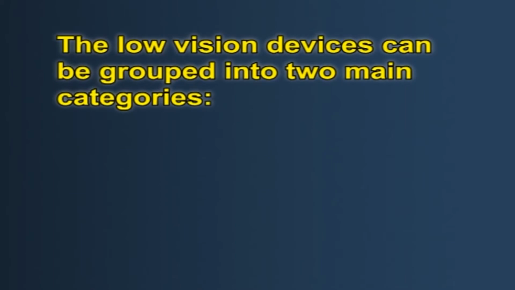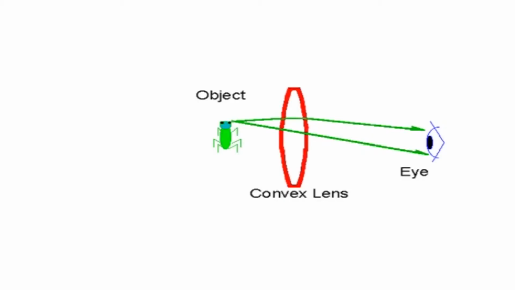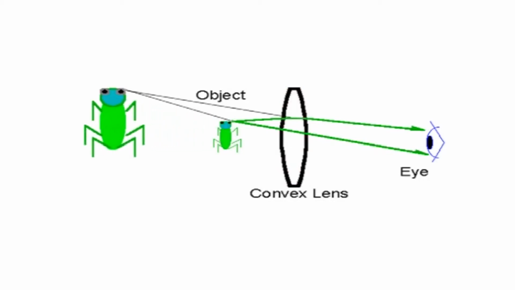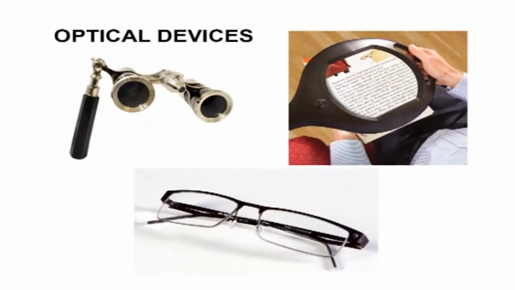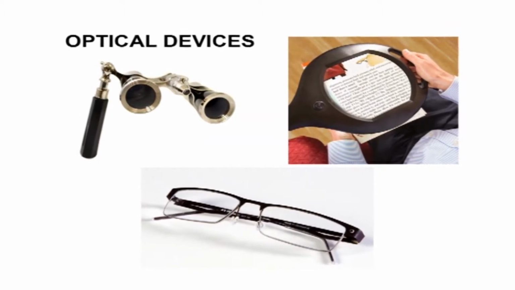The low vision devices can be grouped into 2 categories, optical and non-optical. Optical devices. The optical devices improve or enhance the residual vision by magnifying the image of the object at the retinal level. Optical devices are useful to increase the distant and near vision.